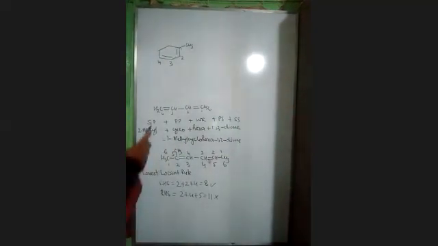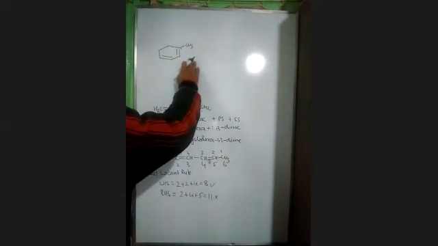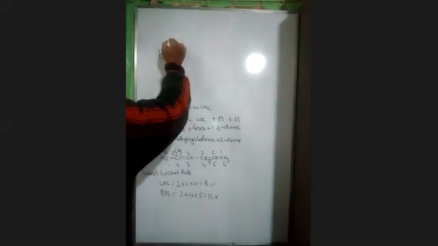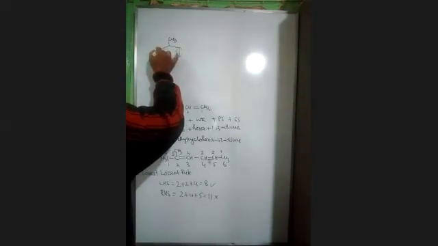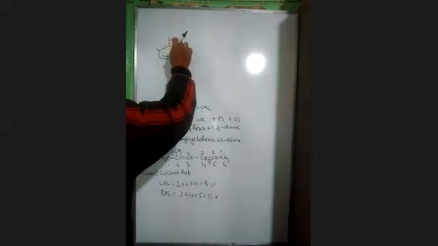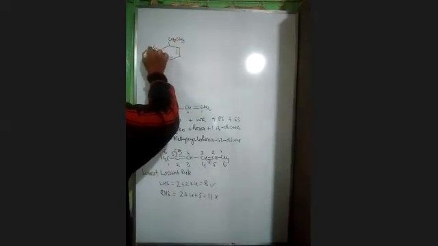Now suppose it is like this. So how will you get the numbering?